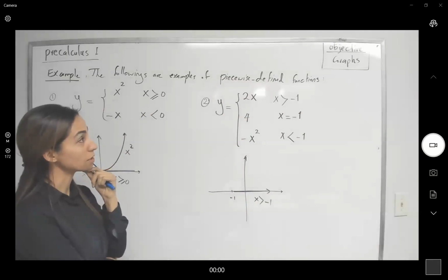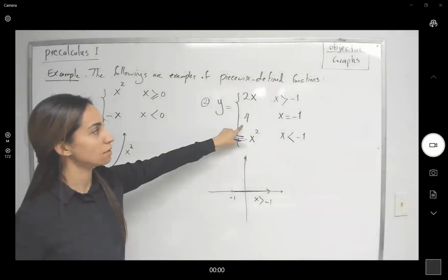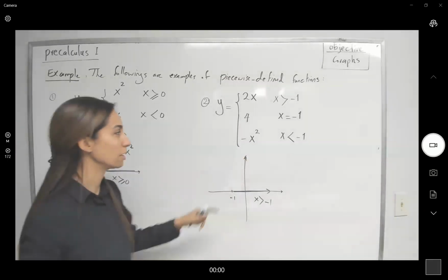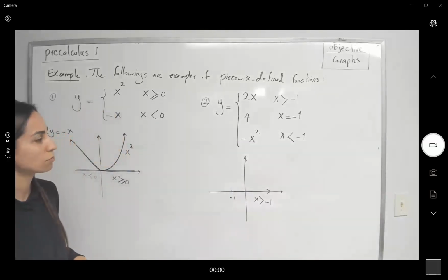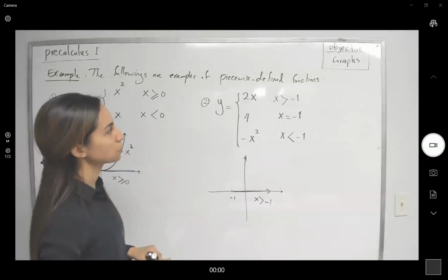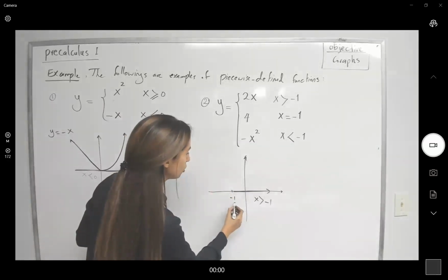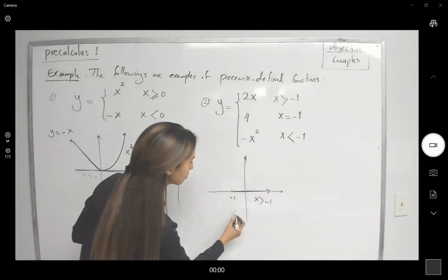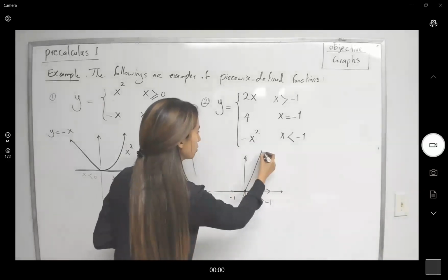If I plug in, for example, 1, I get 2, and we can continue this process. If x is -1, I get 4 back, and if x is less than -1, I get this function flipped back. So at this point, it's going to be -1, -2. So let's move this a little bit further here, and 0, and then it's going this way.